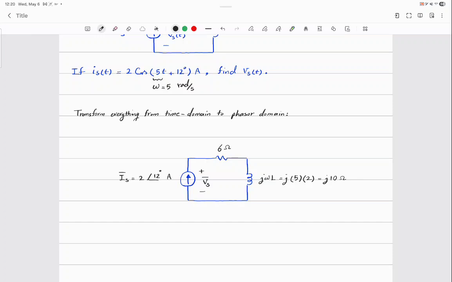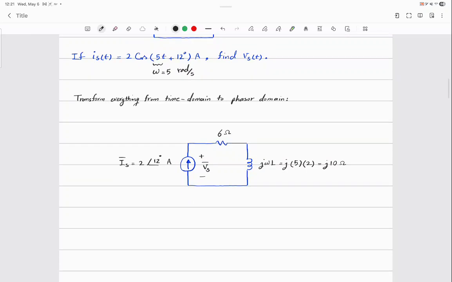Current times all the resistors combined. But one might say, it's not all the resistors, it's just one resistor and one inductor. Does it matter in phasor domain? No, they are all impedance, so you can combine them. I'm going to write the equation.